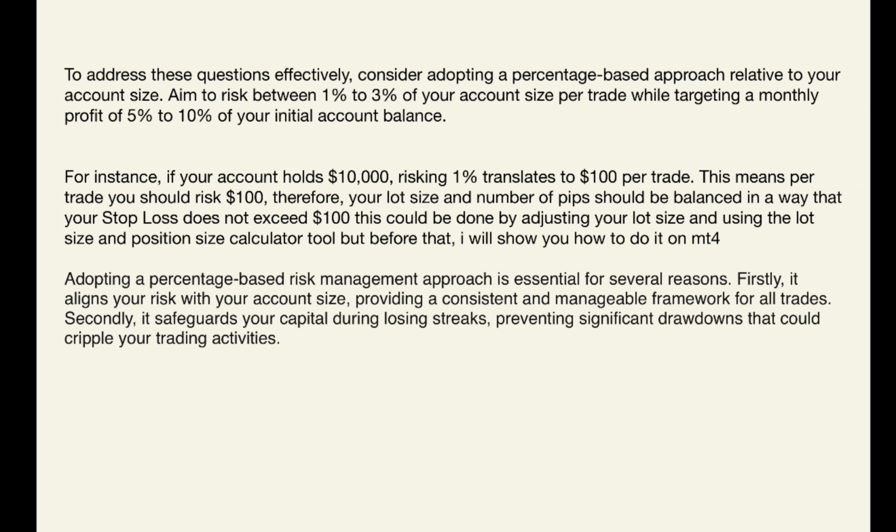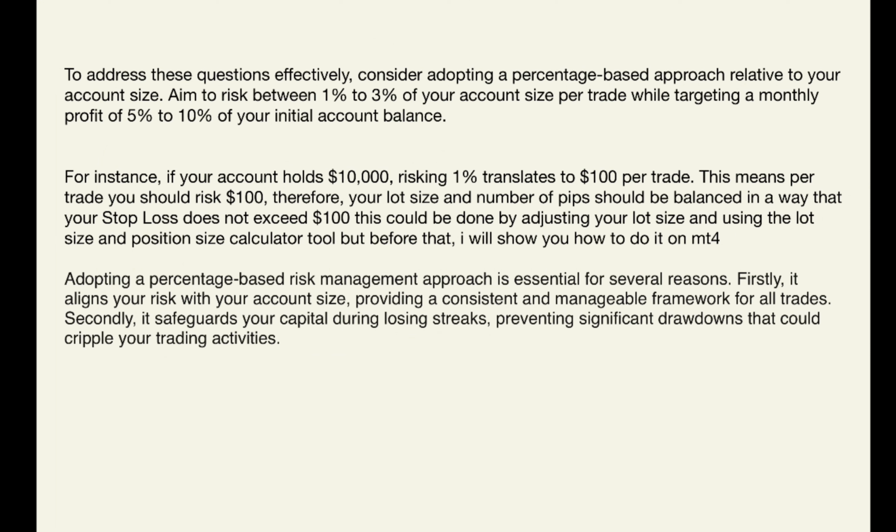This means your stop loss must not exceed 100 US dollars per trade, because you have already identified that you want to risk 1% per trade. 1% of 10,000 US dollars is 100 US dollars. So it simply means your stop loss now needs to be 100 US dollars per trade. It does not need to go above that.